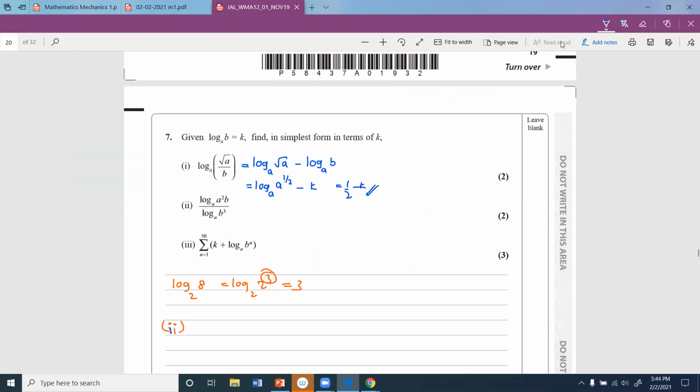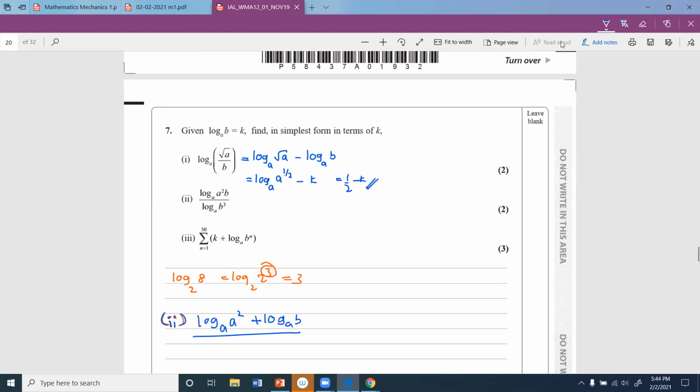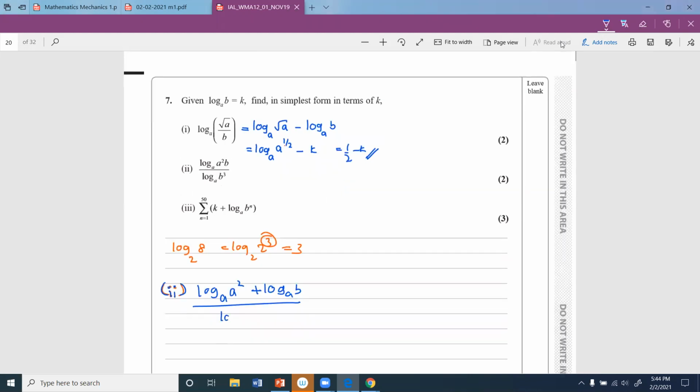Then what can we do with this question today? Here, this one you can write log a squared plus log AB divided by, you cannot do anything, so you can write log AB cubed.